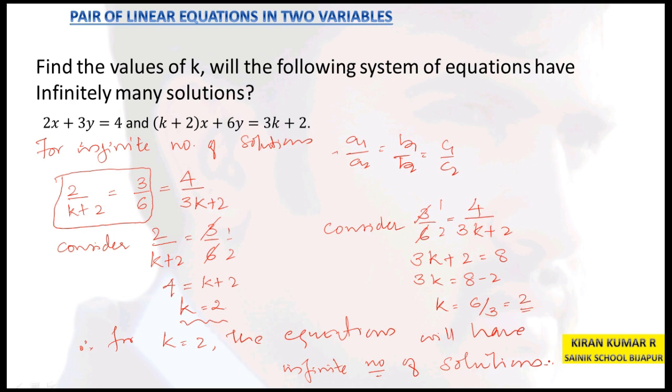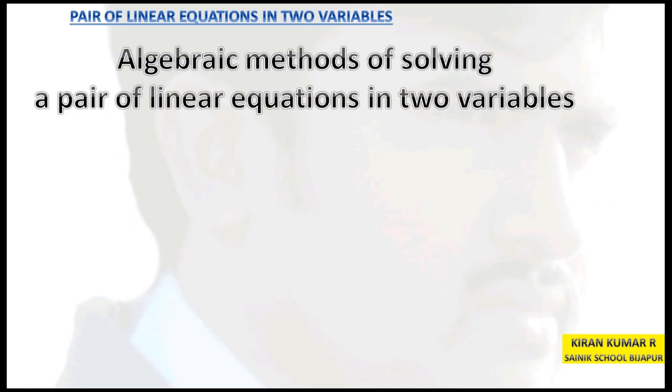Now we'll move on to another way of finding the solution of linear equations. That particular method is called the algebraic method. So we'll discuss algebraic methods of solving a pair of linear equations in two variables.